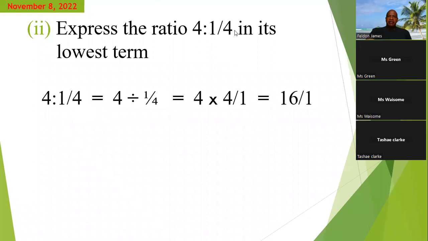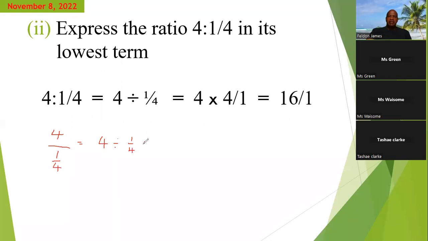So if we convert it to say 4 over a quarter, then this will also be the same as saying 4 divided by a quarter. And then we apply the rule of dividing by a fraction.